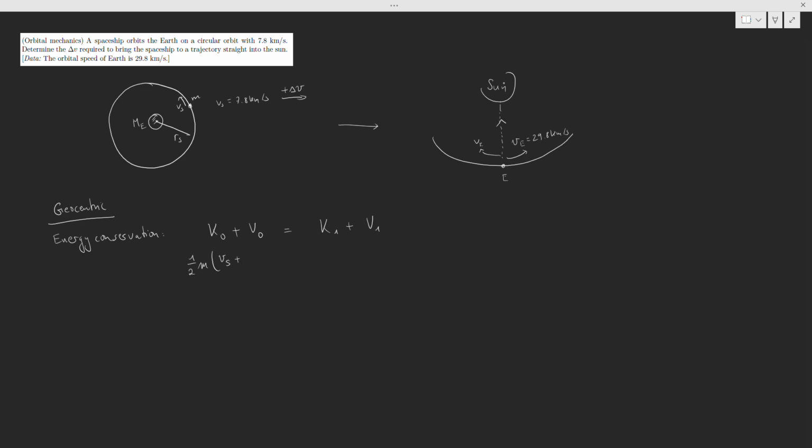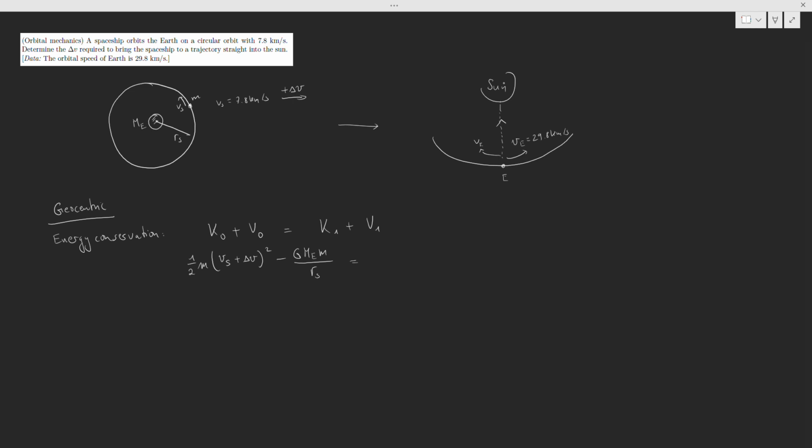and now we want to give it an additional delta v so that it can leave the gravitational field of the Earth. And the gravitational potential is G times mass of the Earth times mass of the spaceship divided by the radius of the orbit.